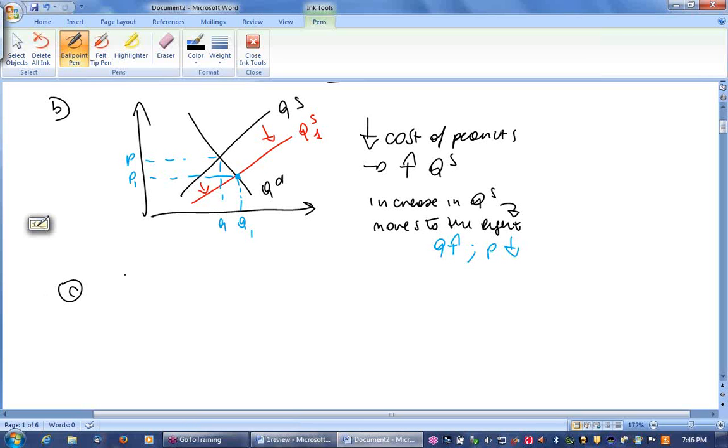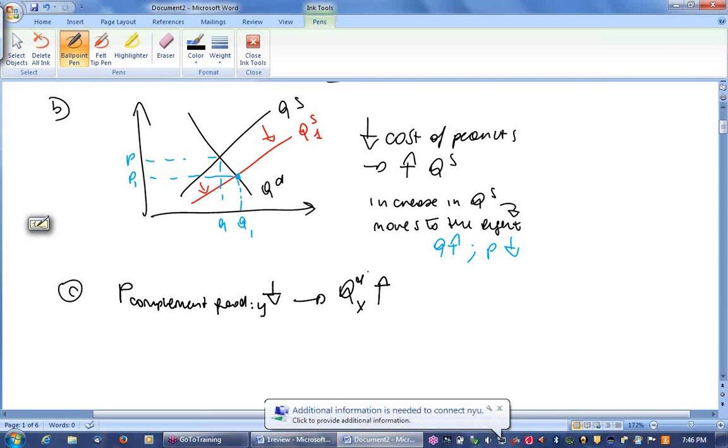So as we know, when the price of a complement good decreases, let's call the complement good y, the quantity demanded of the good x, of which y is a complement, increases, right?